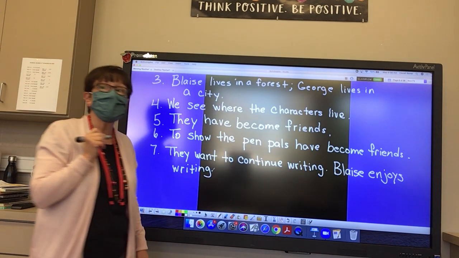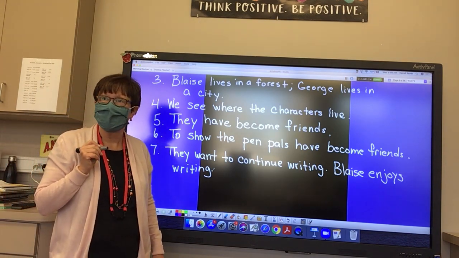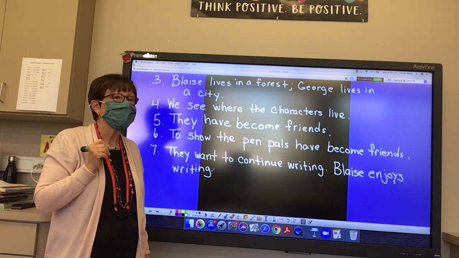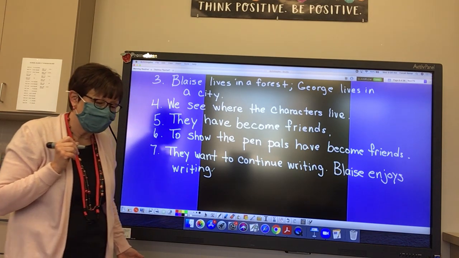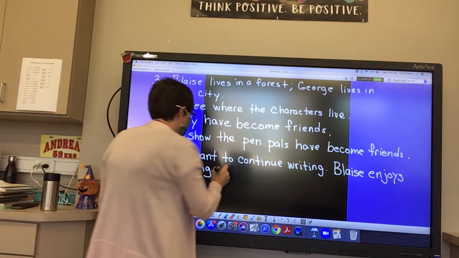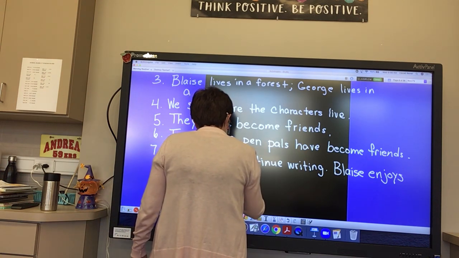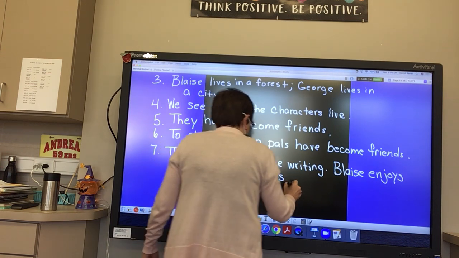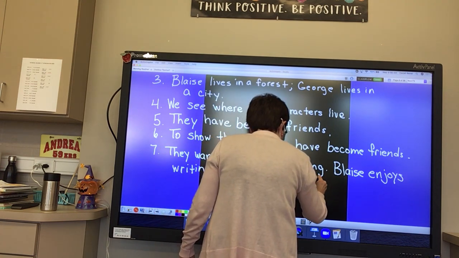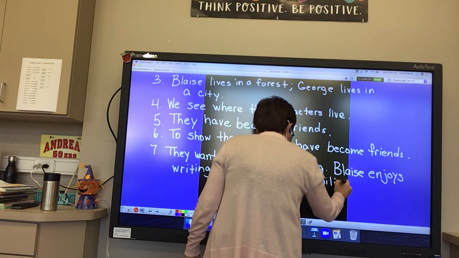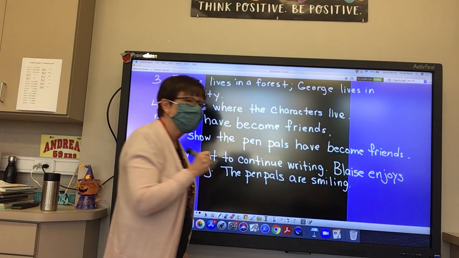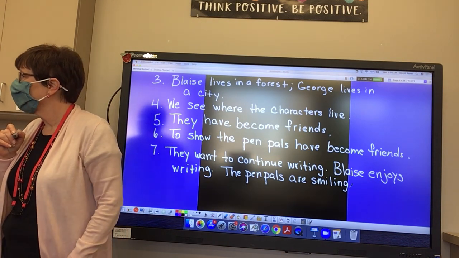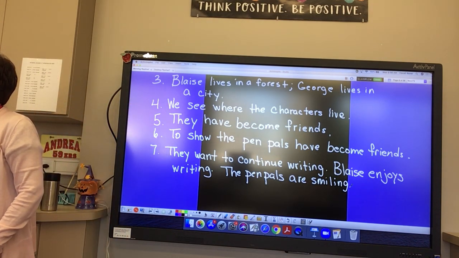We might also have a clue in the illustrations. Look at the illustrations. Olive? They're smiling. The pen pals are smiling. Remember, we should always be looking at the illustrations as well, yes? It says on both the cards, your friend George or your friend Joyce.